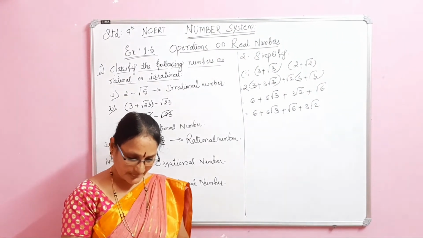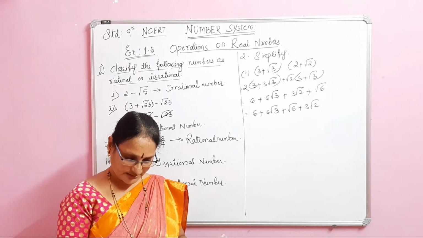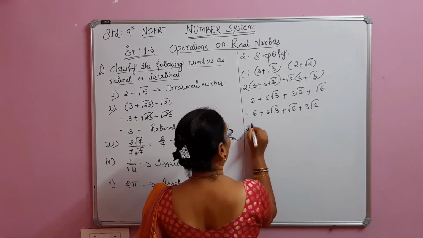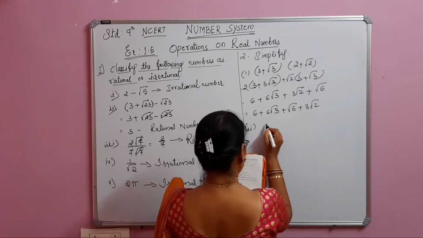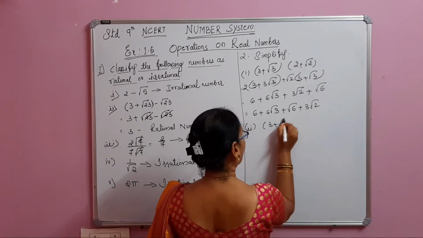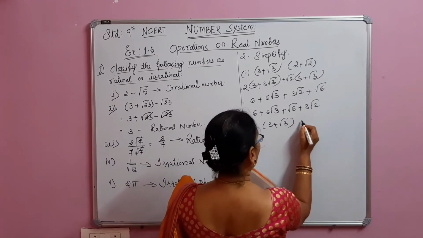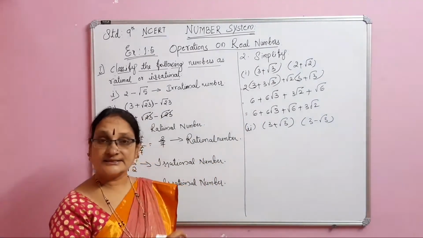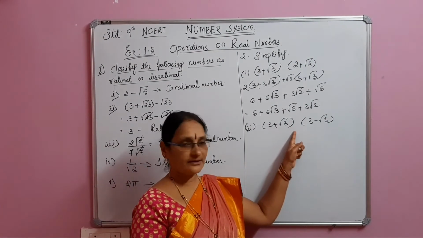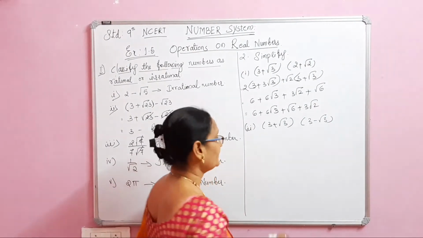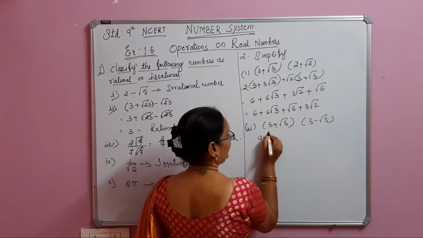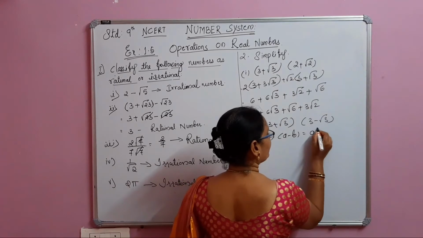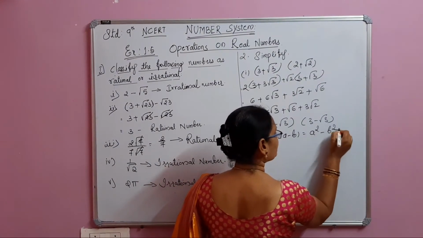Then in the same way, the second one: 3 plus root 3, 3 minus root 3. See, just observe how it is. It is in the form of a plus b, a minus b. The identity a plus b, a minus b is equal to what? a square minus b square.